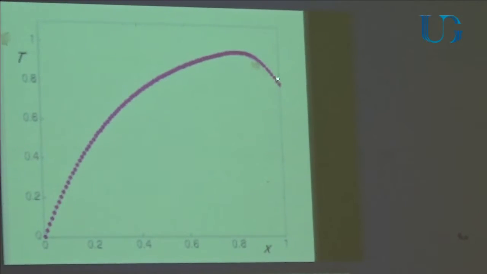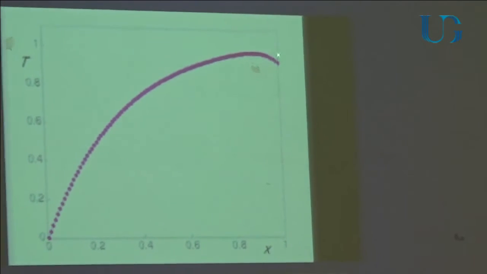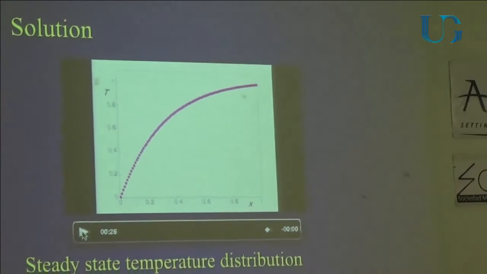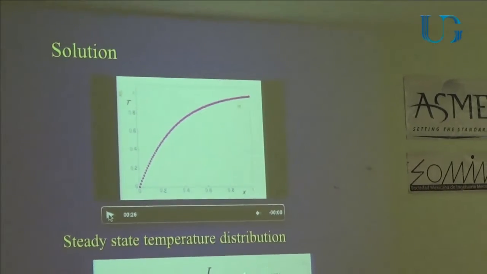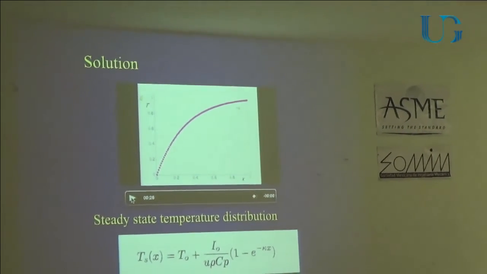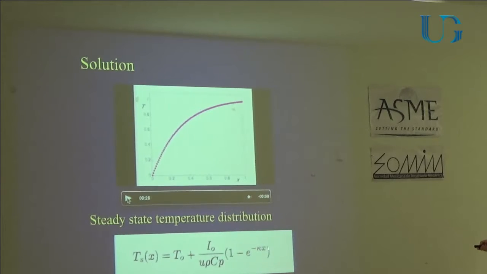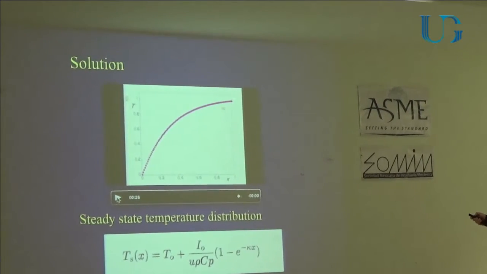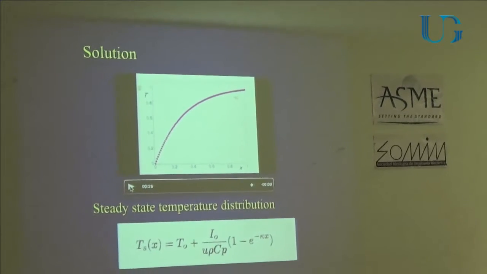So we know the shape of this curve because we can integrate very easily, and we can see it is essentially an exponential function. Well, this is an increasing exponential function, right?